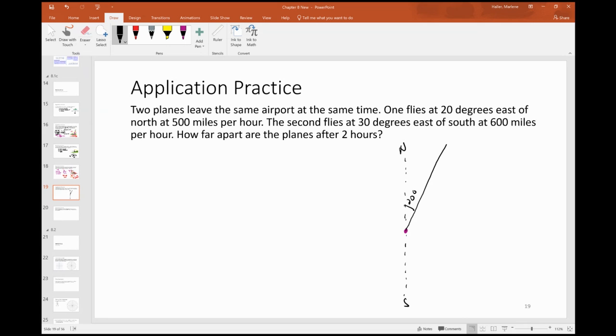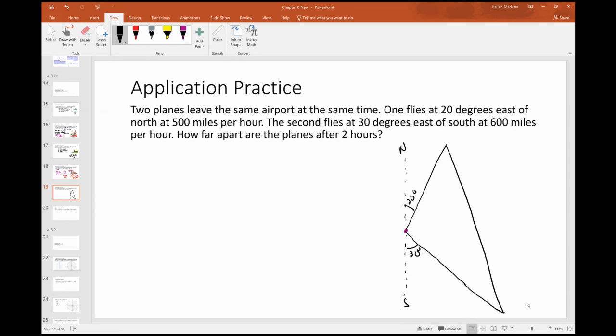And then the second flies 30 degrees east of south. So 30 degrees east of south would look something like that. All right, so now it looks like I have a triangle that I could form. I might be able to work with that triangle to answer some questions.